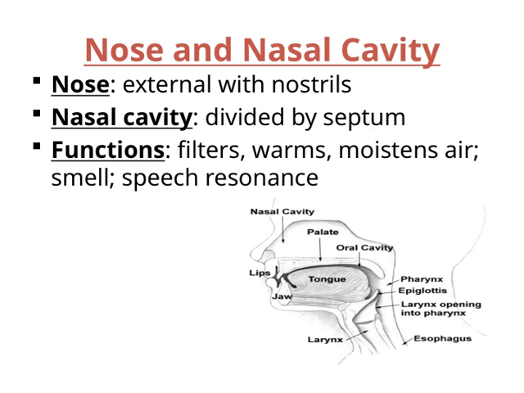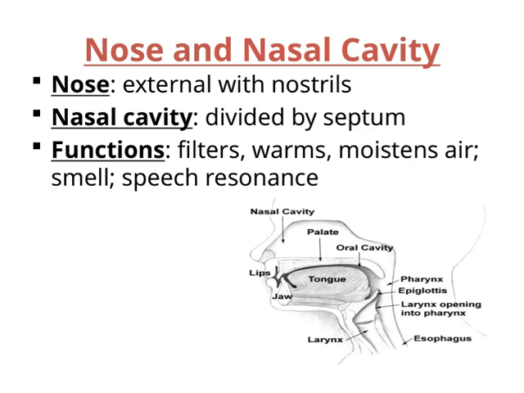Now, the nose and nasal cavity serve several important functions. They act as the first line of defense for our respiratory system by filtering out dust, pollutants, and other particles from the air we breathe. They also warm and moisten the air to make it suitable for the lungs. Plus, the nasal cavity is crucial for our sense of smell, which plays a big role in taste and detecting danger.